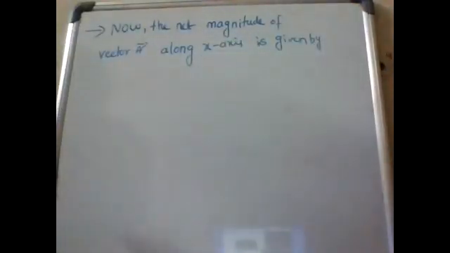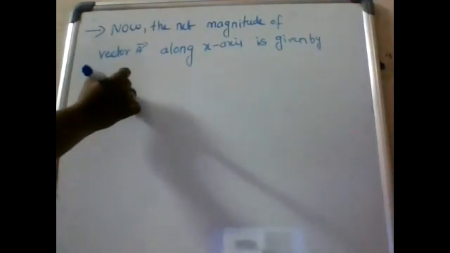So already we know that the value of vector A bar at the center M is A suffix x plus dou A suffix x by dou x into dx by 2, and the value of A bar at the center N is A suffix x minus dou A suffix x by dou x into dx by 2. Here the net magnitude of vector A bar along x-axis is final value minus initial value.